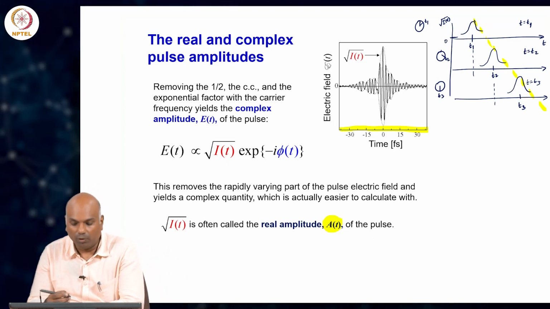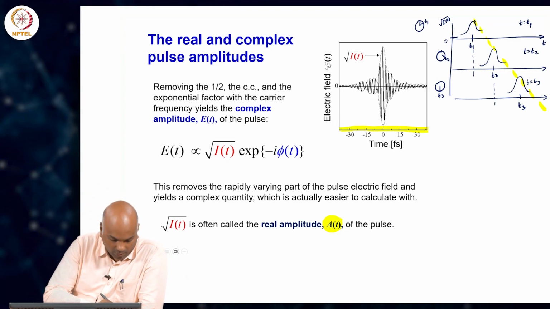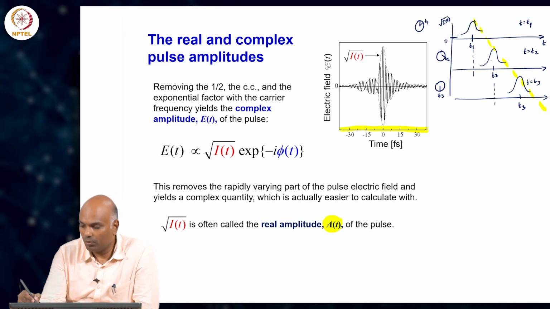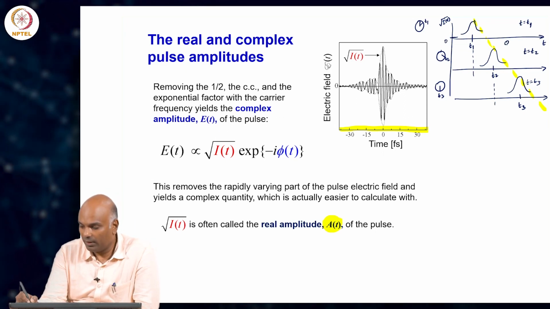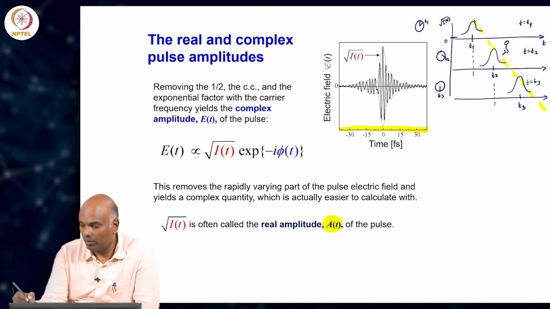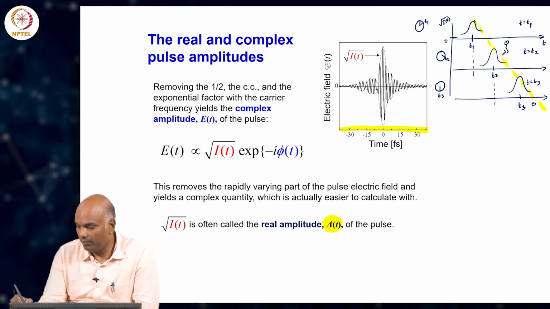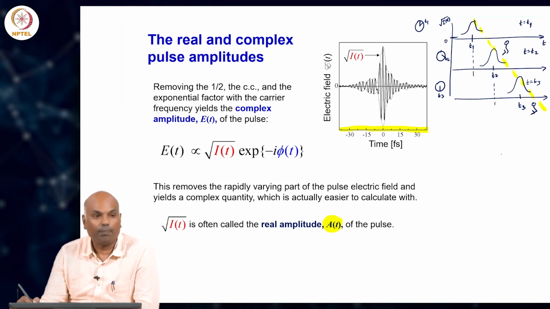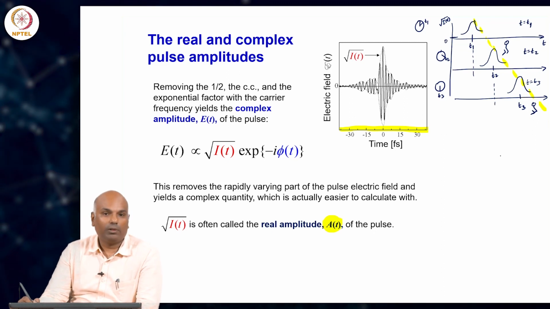So, therefore, what we do in these descriptions is simply decide that we will run along with the pulse and live in a boosted frame. So, we perform a Lorentz transformation.